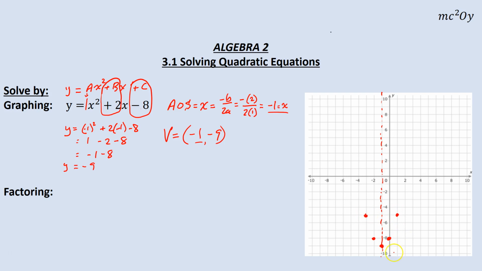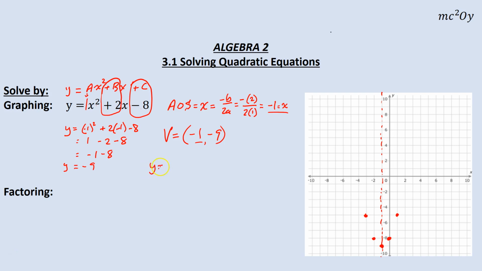And if I were to put 2 in for x, 2 times 2 is 4, 4 plus 2 times 4 is 8, so 4 plus 8 is 16 minus 8 is 8 there. Excuse me, I think I misspoke there.